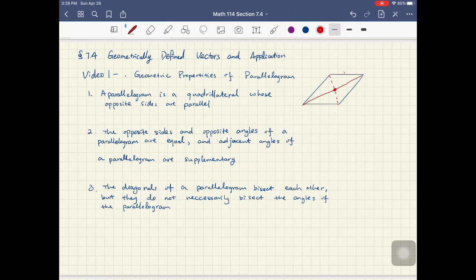However, depending on the shape we have, for example, if we have a square, then the diagonal lines also bisect the angles. Bisect means cut the angle into exactly the same halves. If we have a rectangle, we probably don't have that. In general speaking, when we have a parallelogram, we might not have the property that the diagonal is going to bisect the angles.